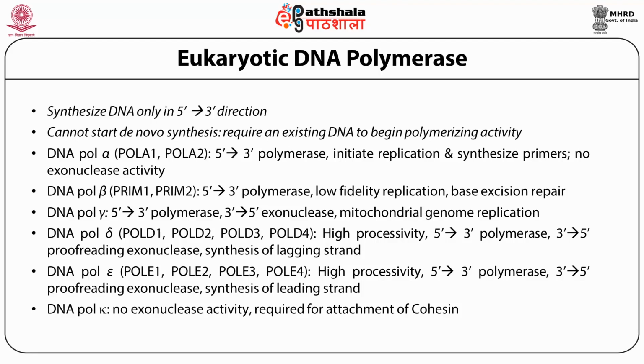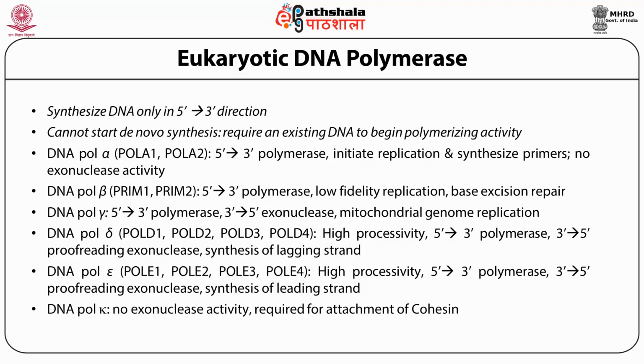Pol beta also synthesizes DNA in 5' to 3' direction, however with a low fidelity. It is also involved in base excision repair. Pol gamma shows a 5' to 3' polymerase and 3' to 5' proofreading exonuclease activity. It is involved with mitochondrial genome replication.